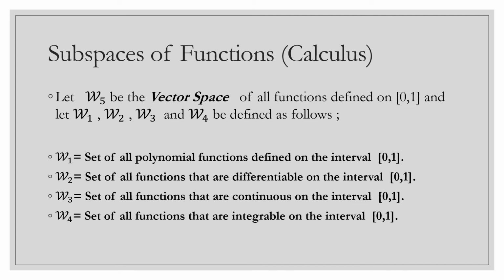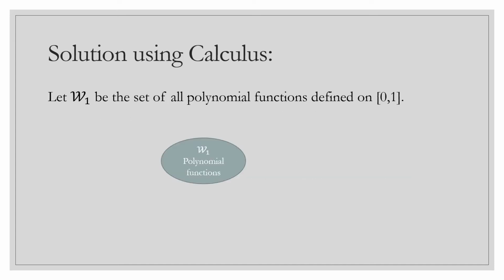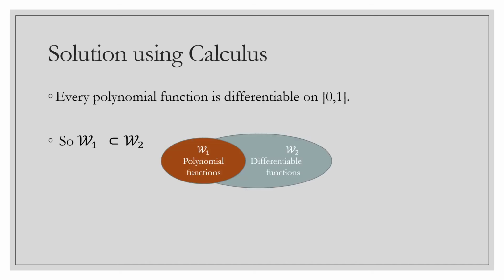Let us take the first set W1, which is the set of all polynomial functions defined on the interval 0, 1. We know that every polynomial function is differentiable on the interval 0, 1 using calculus.